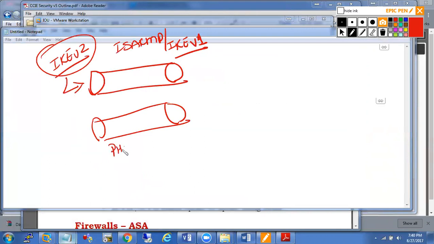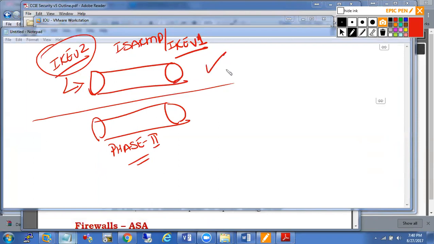Phase 2 still remains the same. So whatever changes that we're making are still only done for phase 1. Everybody okay with that? You guys understand what I'm trying to get to? With IKEv2, I don't do any changes in phase 2. It's just changing IKEv1 to IKEv2. So all the different enhancements that we're talking about are all for phase 1. Good with that?